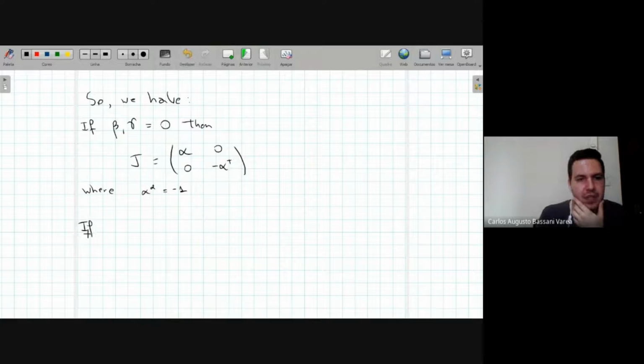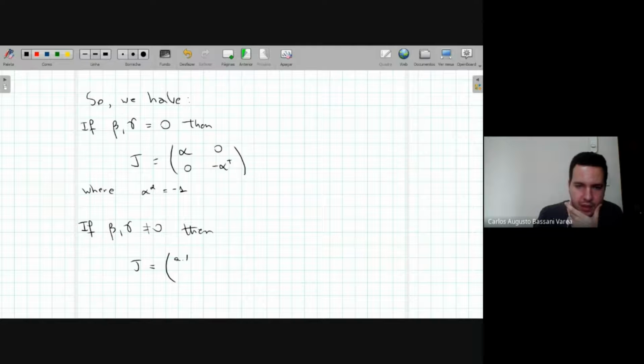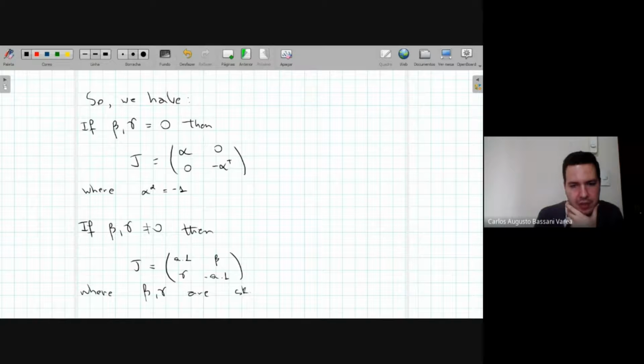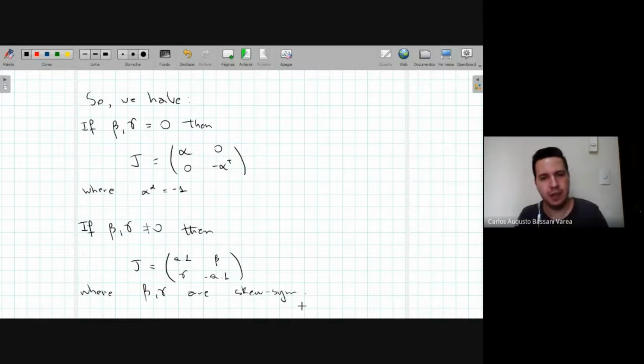And if beta and gamma are non-zero, then J is of the form: a scalar matrix, beta, gamma, and minus this one, where beta and gamma are skew symmetric matrices.